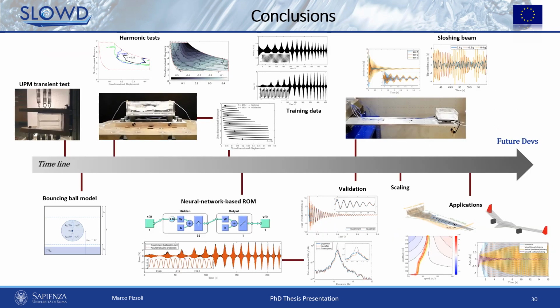So this concluding slide summarizes all my work, the work done during my PhD, following this timeline: starting from the identification of the bond graph model, to the harmonic tests done for the characterization of the sloshing behavior, and to the collection of the training data for the identification of the neural network, which was validated experimentally with the sloshing beam and then successfully applied to these two aeroelastic applications thanks to the introduction of the scaling law.